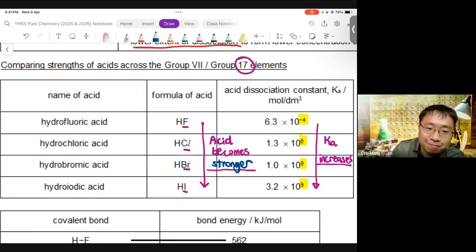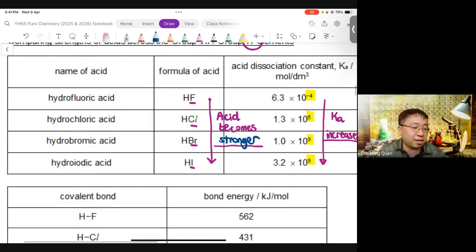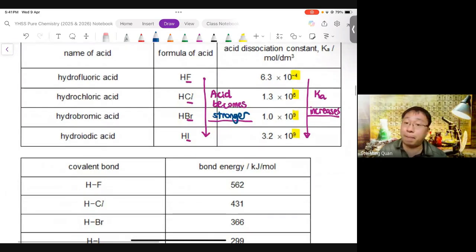Okay? So it's quite clear. As we go down group 17, the acids they form with hydrogen, HCl, HBr, HI. HBr should be stronger than HCl. HCl is stronger than HF. It's proven.